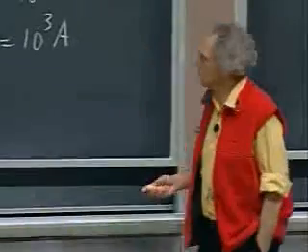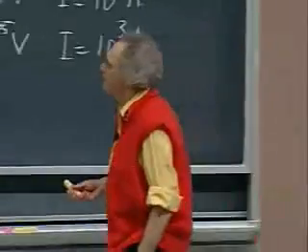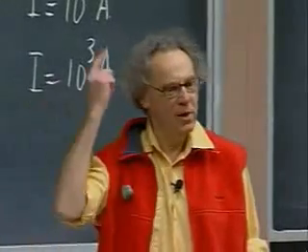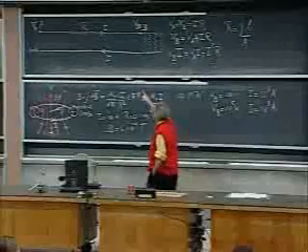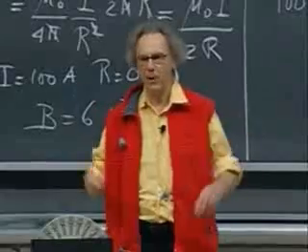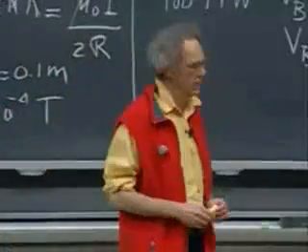So now comes the question, how high can you make V of A? The higher you could make it, the less loss there would be along the way. Well, you got to stay away from the breakdown electric field, which is 3 million volts per meter. If at the surface of these cables you get 3 million volts per meter, you get corona discharge. That's a big loss, so you want to stay away from that.